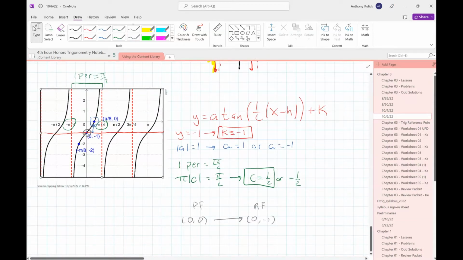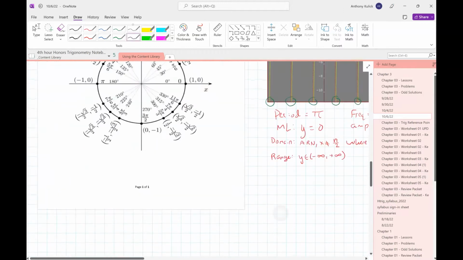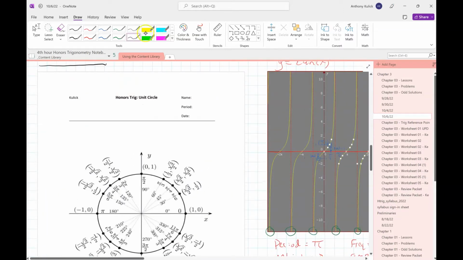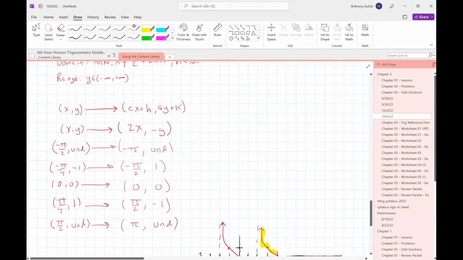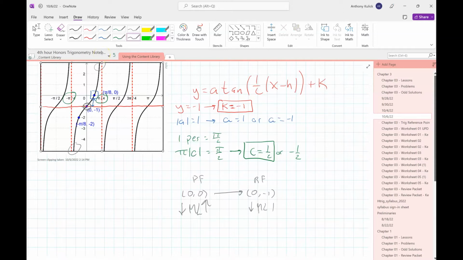So what I have to remember is when I looked at my graph of tangent, does it go down, midline, up? Here we're going down, midline, up. What's that tell me then?